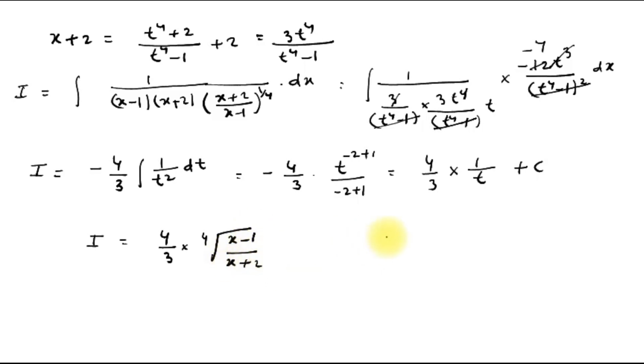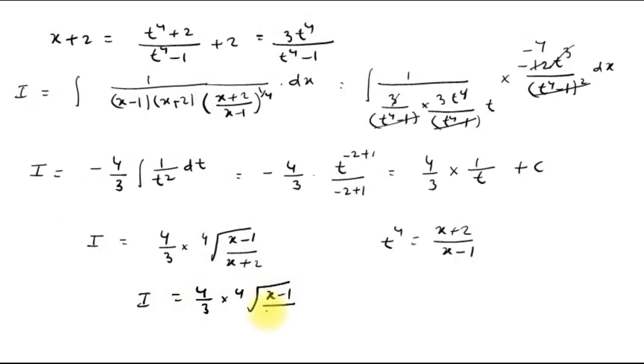Here t⁴ is equal to (x plus 2) divided by (x minus 1), so 1 over t is equal to the fourth root of (x minus 1) divided by (x plus 2). Hence I is equal to 4 over 3 into the fourth root of (x minus 1) divided by (x plus 2), plus the integration constant c. So option A is the correct one.